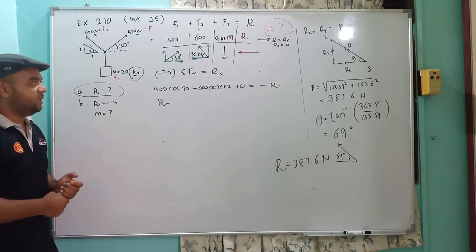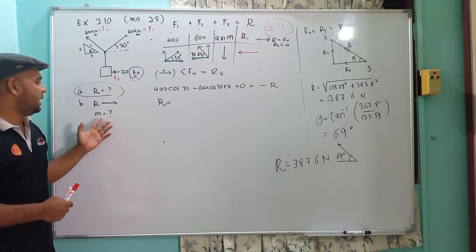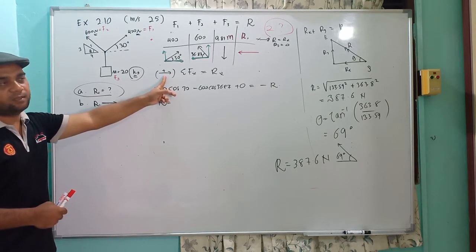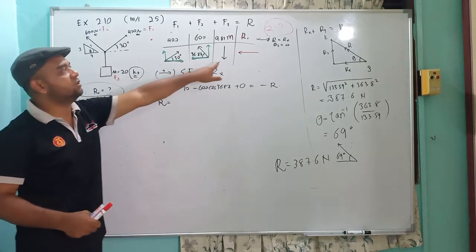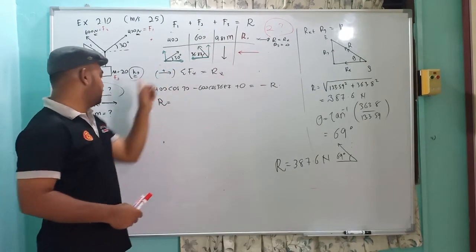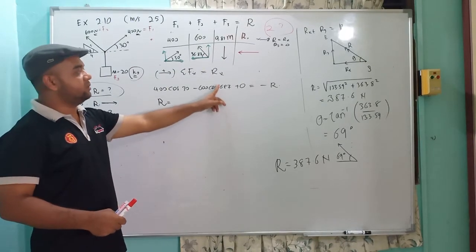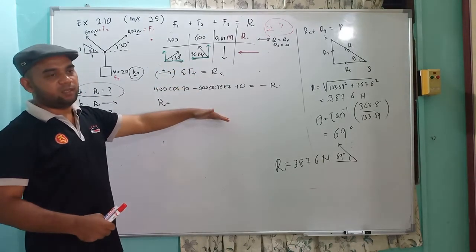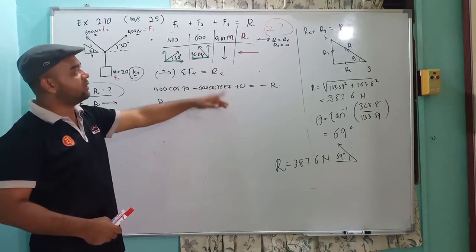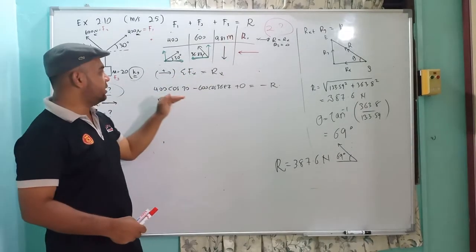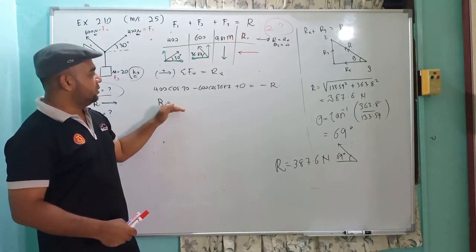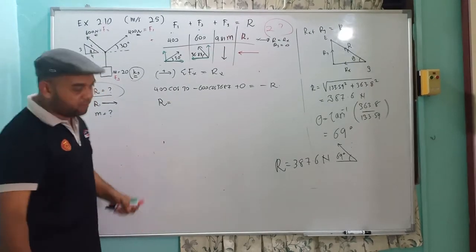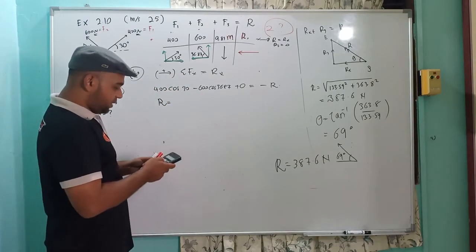Okay, and this question actually asks you for the M. If you want to start from Y direction, actually it's better than this one, because if you start from Y direction, you actually get the value of M, because the question only asks for M, not R. Okay, in this kind of thing, if I'm doing this one, I might not get any marks, because this is not asked, but the thing that is asked is M, and the value of R here is not going to be used in the calculation of the value of M. Okay, so anyway, we already used this one, so you can calculate what is the value of R here.